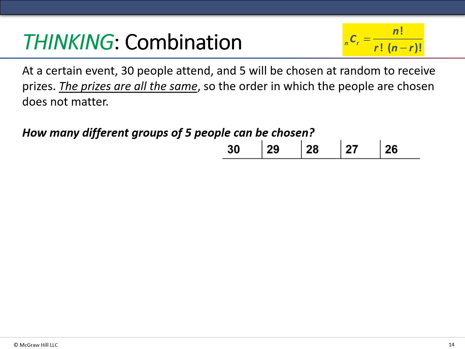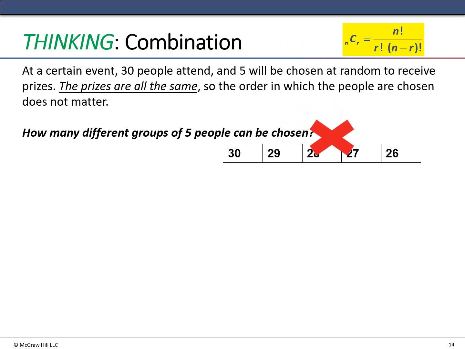So the first thing we might try is doing the hangman method. And so we have 30 ways to choose the first person. Once we choose a person, then we only have 29 left, etc. But remember, this hangman works mainly when you have permutations, when order does matter. Specifically we have 30 ways to choose the first, then 29 for the second, etc. So this is when order matters.